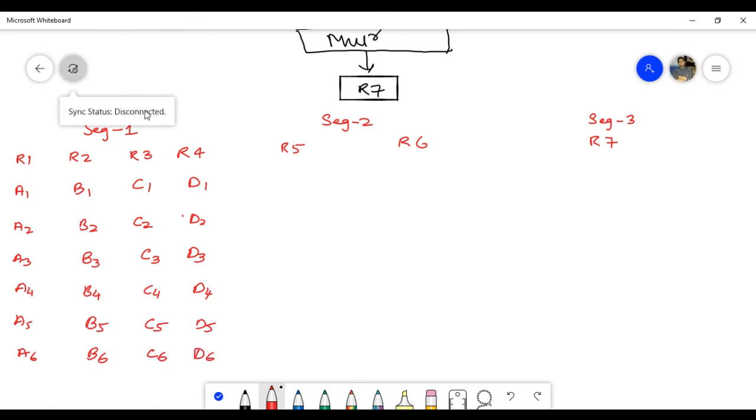So this is the first segment where I value is from 1 to 6.